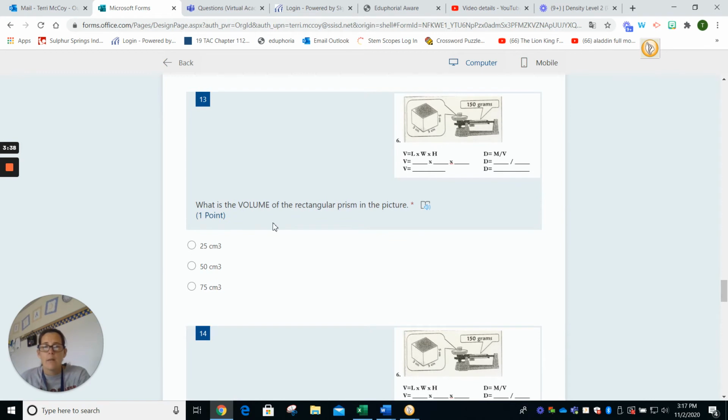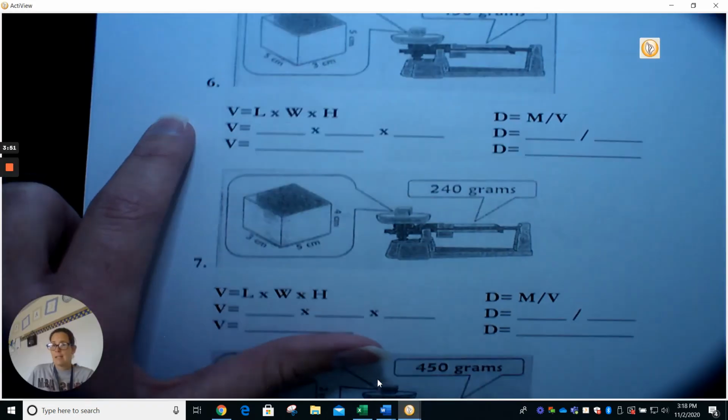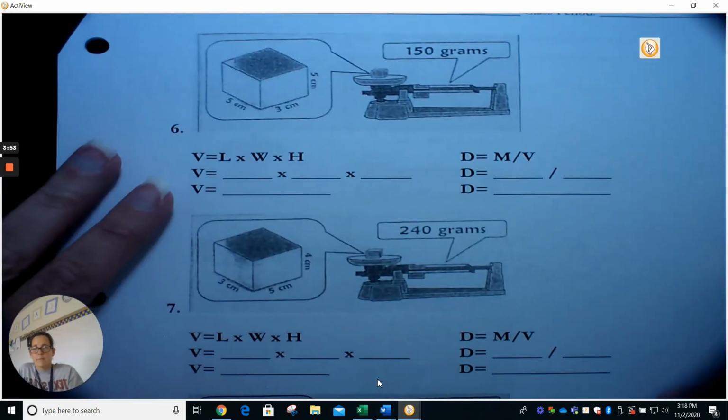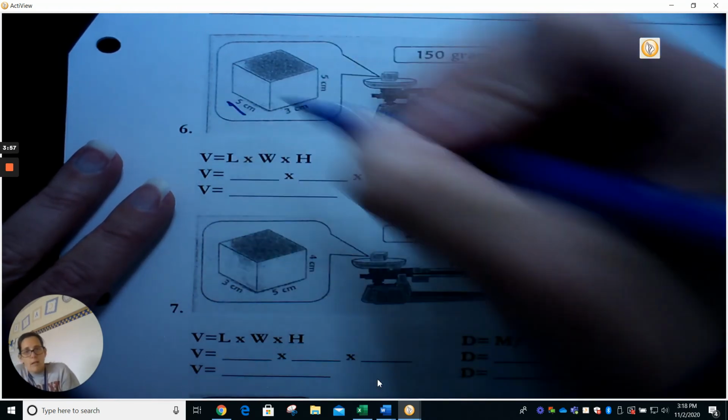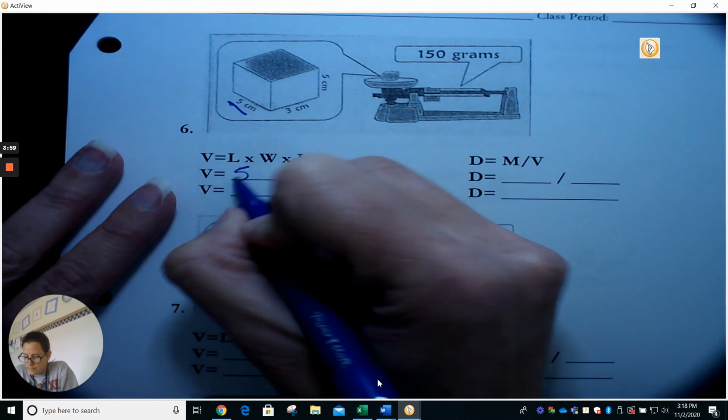So we need to, what is the volume of the rectangular prism in the picture? I just got all tongue-tied right there. And we're at number 6, so whenever we come here, mine is going to say number 6, and that's okay. Volume equals length times width times height. So here's our length, 5 centimeters.